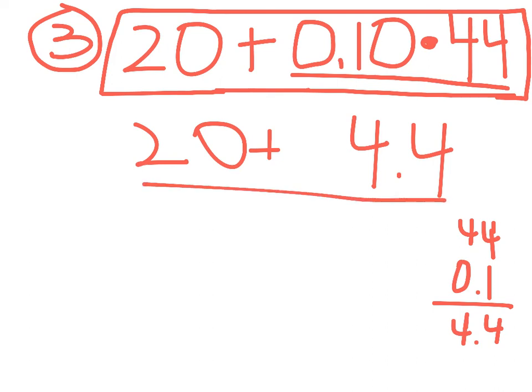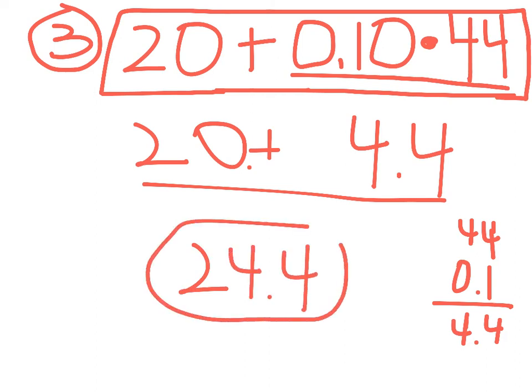And then I'm going to add these two at the end. Make sure you line up your decimals. I end up with 24.4. Again, if you don't know that, make sure you line it up over here on the side. Alright, don't put the 4 under the 0 and the other 4 under the 2. Alright, that is it. Good luck.